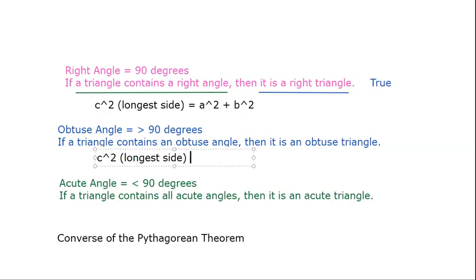And in an obtuse triangle, your longest side squared is greater than the sum of the squares of your two legs, A squared plus B squared.